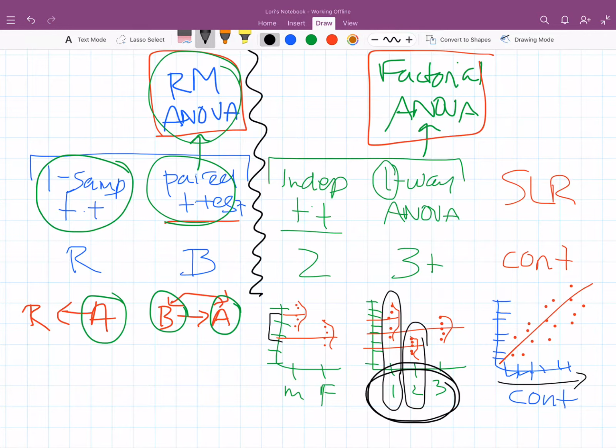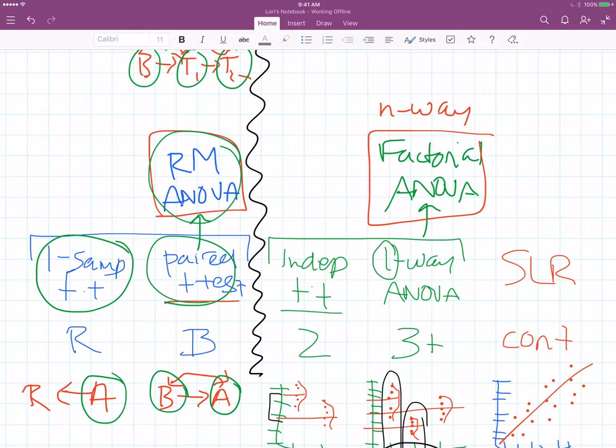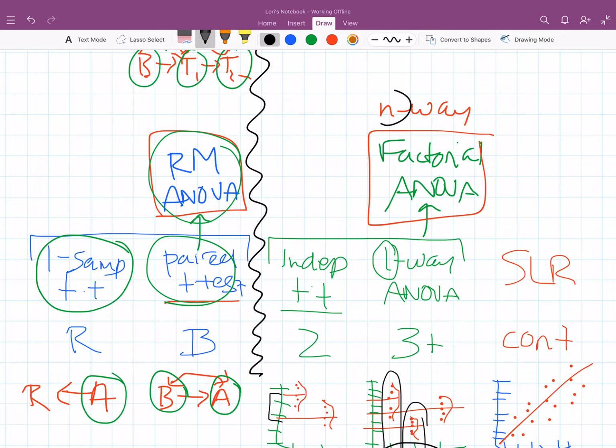And we're looking at whatever this continuous outcome variable. So instead of only being able to put one categorical variable into the model, we can put 2 or 3 or a bunch, and that's dependent on what we put here for the n. If we have 5 categorical variables, we call that a 5-way ANOVA.